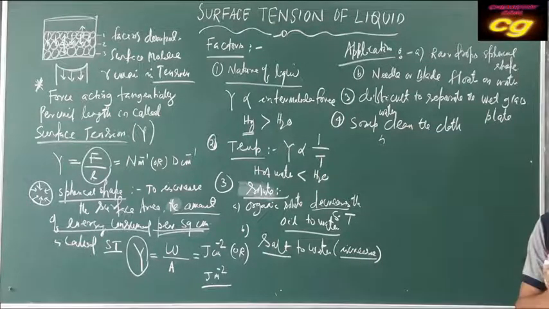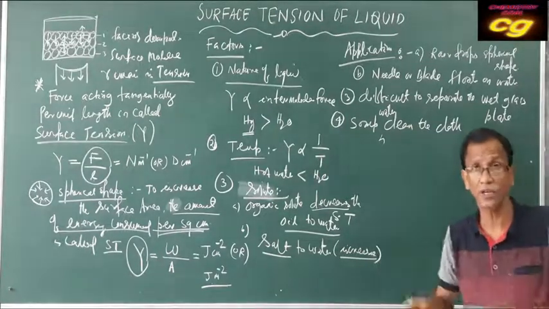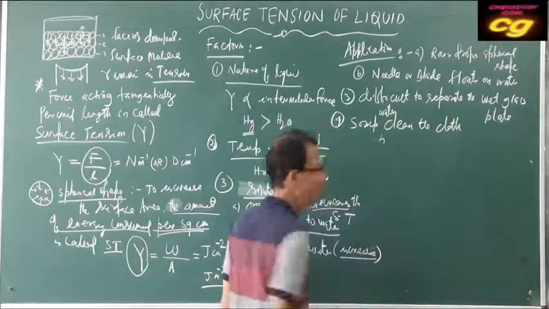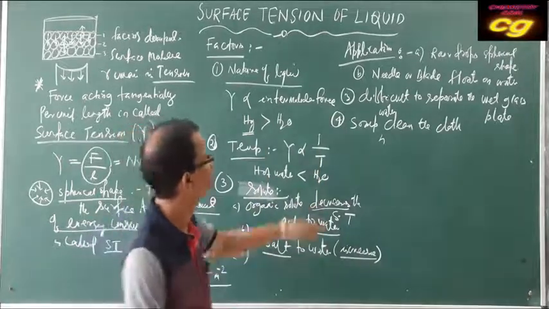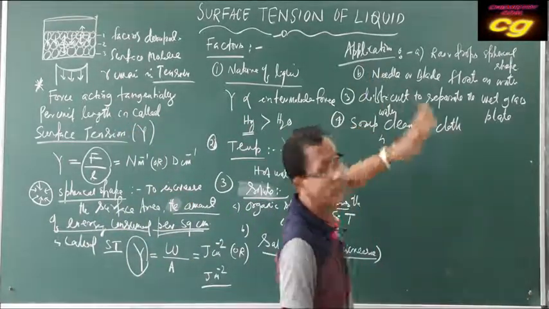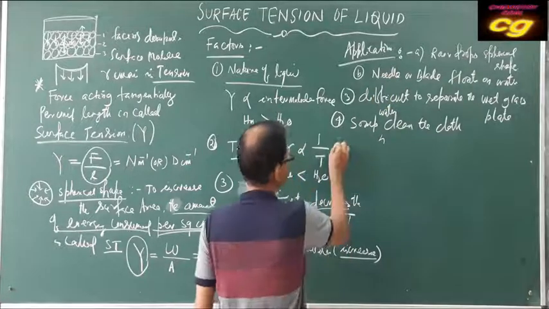Water molecules can enter the cavities of the dirty substance due to the decreased surface tension. That's why it easily cleans dirty cloths. So soap solution cleaning the cloth is also an application of surface tension.